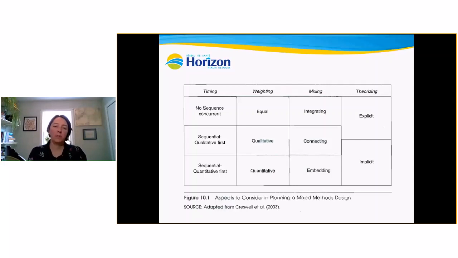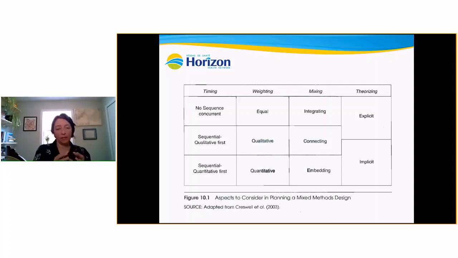Again, the mixing. One that I've used often is embedding, where perhaps you have a larger quantitative study and you want to pull out a subset of people and do a qualitative sub-study with them to try to get some more in-depth answers about your topic.